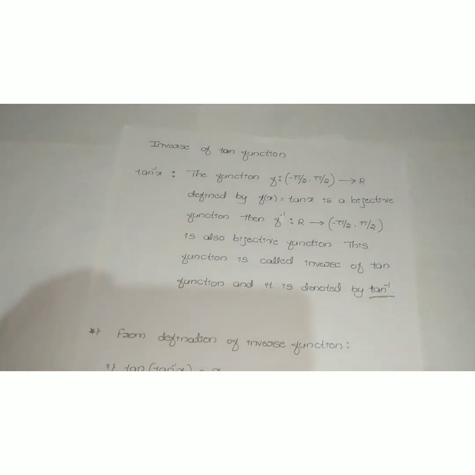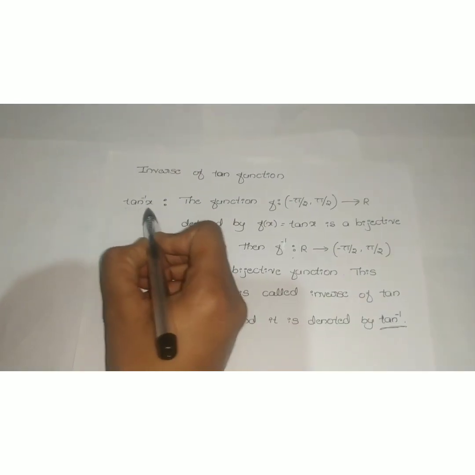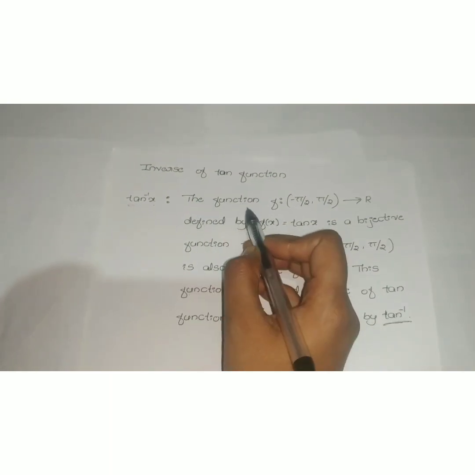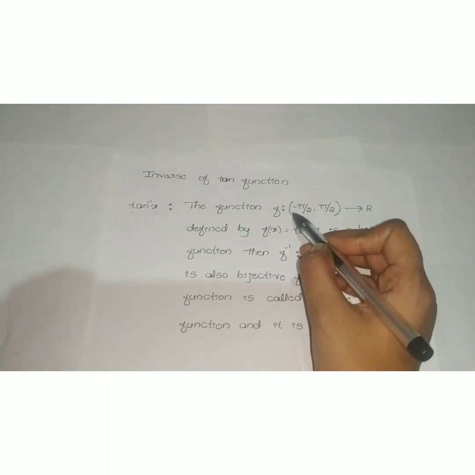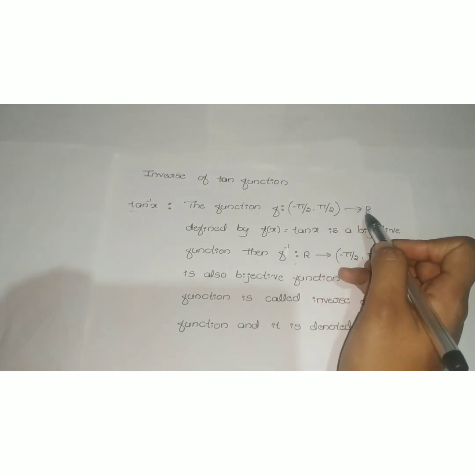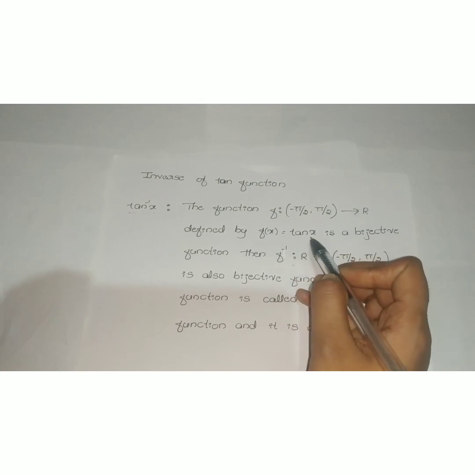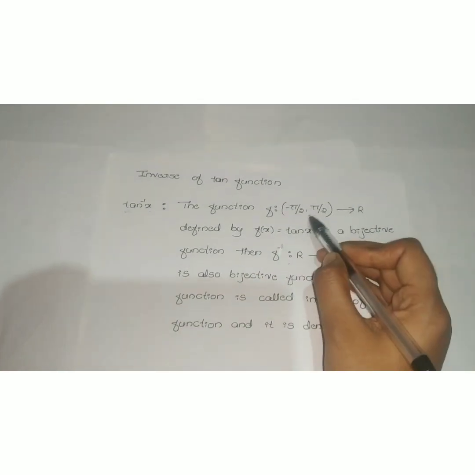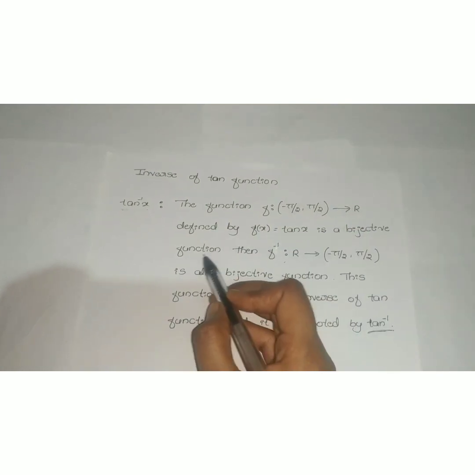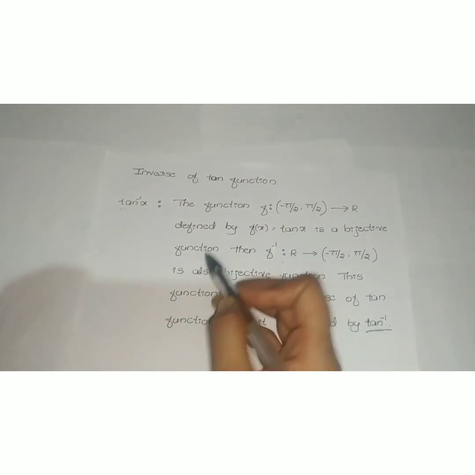Then the definition of the inverse of the tan function, that is tan inverse x. The function f is a mapping from the open interval minus π/2 to π/2 to the set of all real numbers, defined by f of x is equal to tan x, and it is a bijective function. In this domain and range, the tan function is bijective.